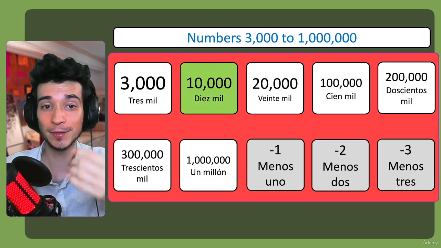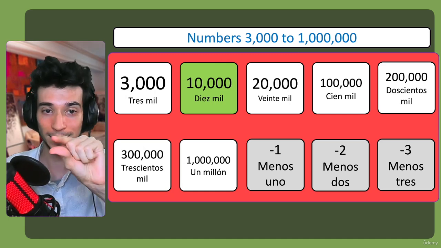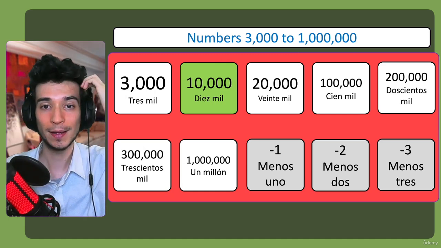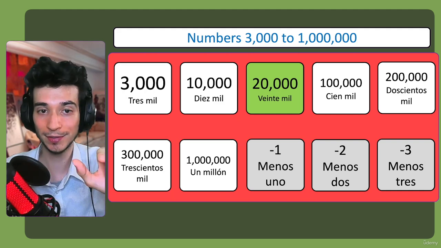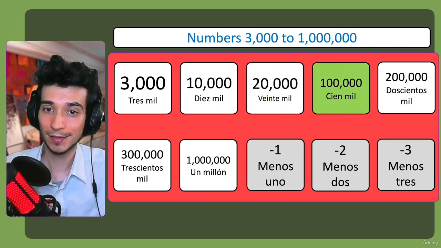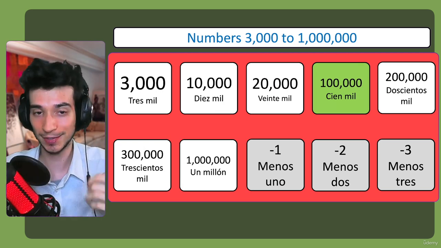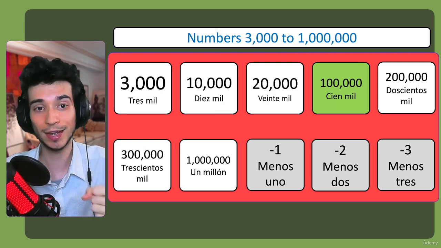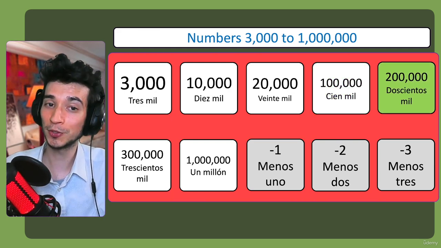So yeah, 10,000. You can see 10 and 1,000 together. 20,000. You can see 20 and 1,000. 100,000. 200,000.